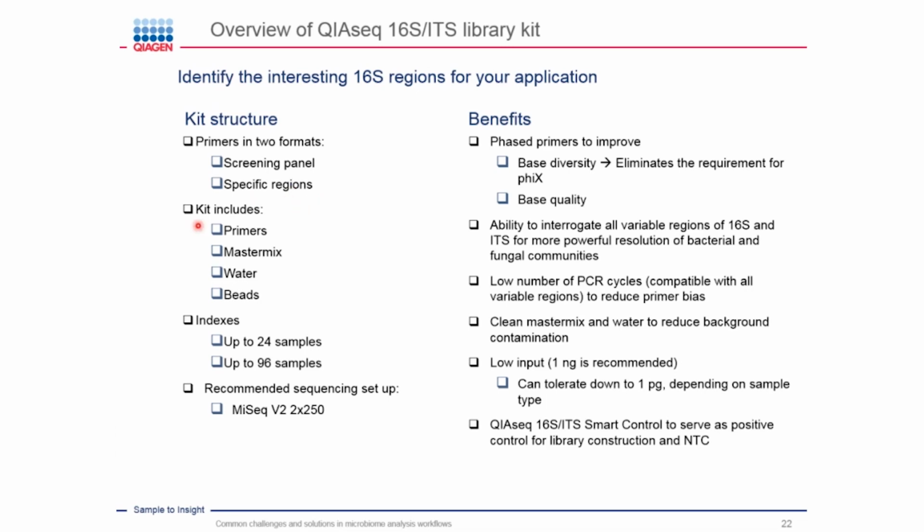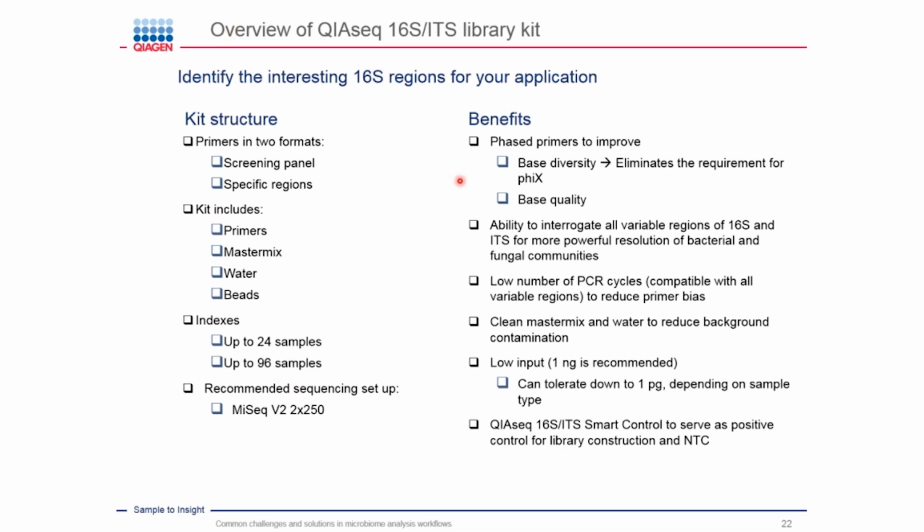In addition, the kit includes everything you need. So you have your primers, master mix, water, and beads for the entire workflow up to NGS. You can get this with 24 or 96 different indexes, so you can do up to 96 samples in one run from the beginning to the end directly on the MiSeq.